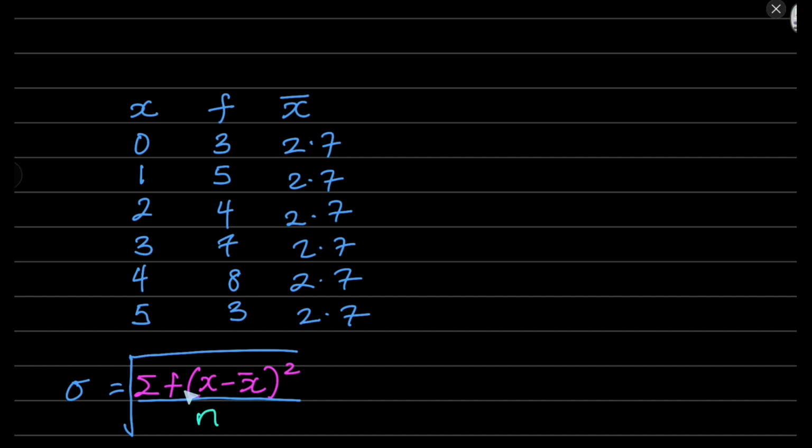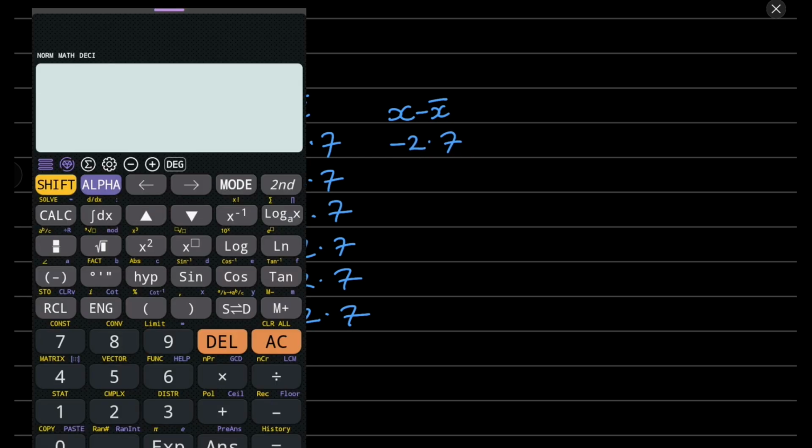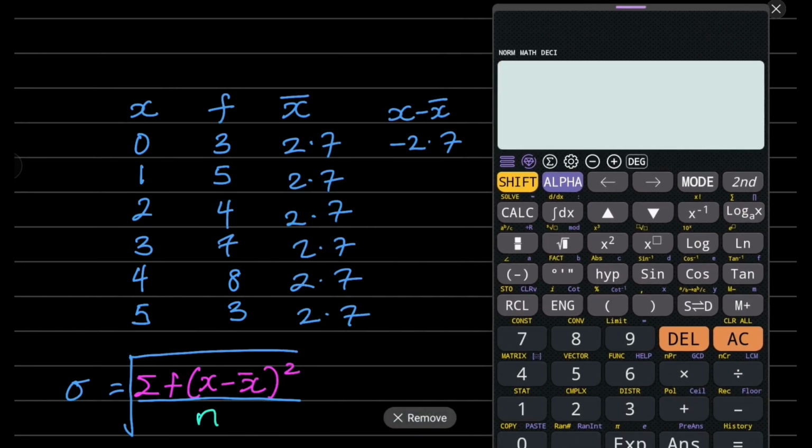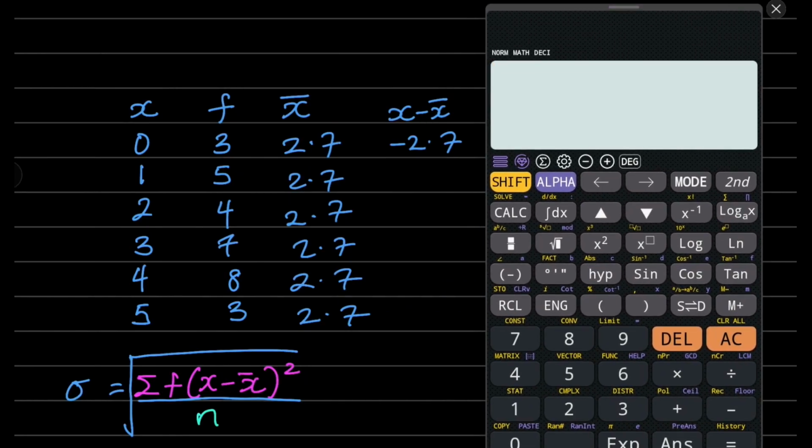The next step, according to the formula, is to get your deviation, that is x minus x bar. For our first deviation, 0 minus 2.7 gives negative 2.7. Just to be sure of what I'm doing, we can always use the calculator.